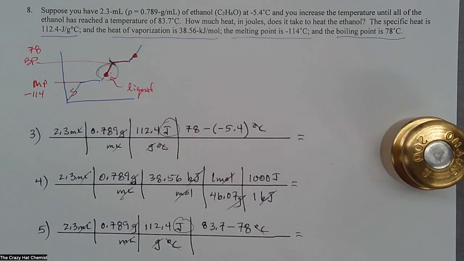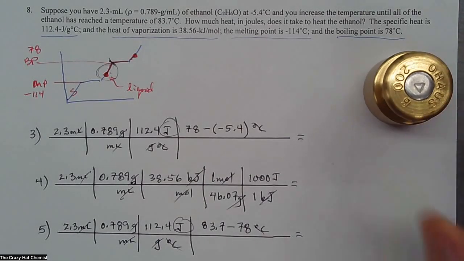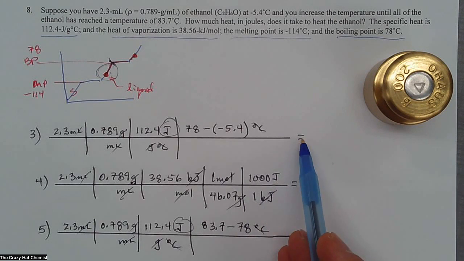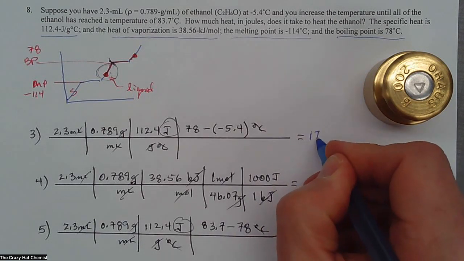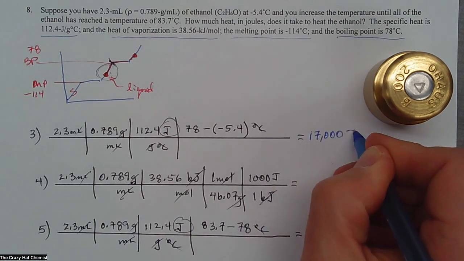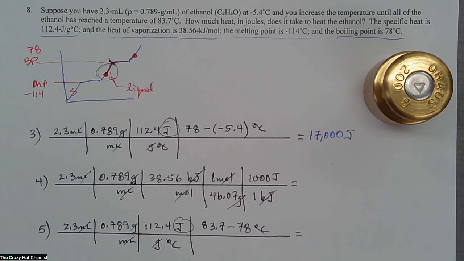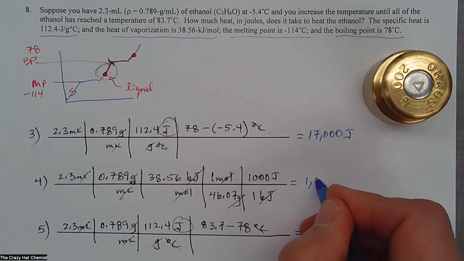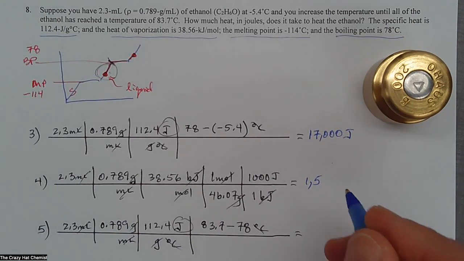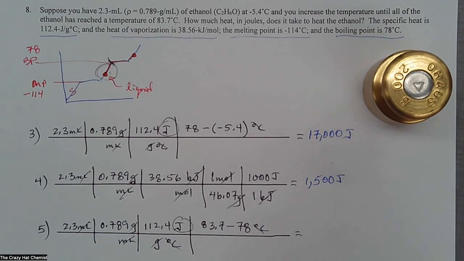All right. So we're going to shove all these numbers in our calculator here. And this one here is going to equal 17,000 joules. That's 2 significant figures. And then 1,500 joules. And then 1,200 joules.